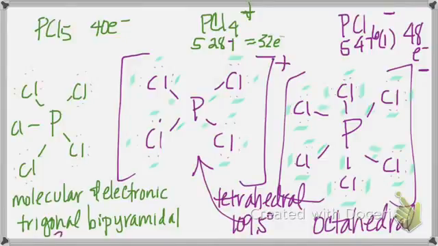Trigonal bipyramidal, you're going to have 2 bond angles at 90 degrees, and then you have 3 at 120. And then octahedral they're at 90 degrees each. Okay? So, if you're still writing that, pause it. I'm going to move on, and then you can start the video back.